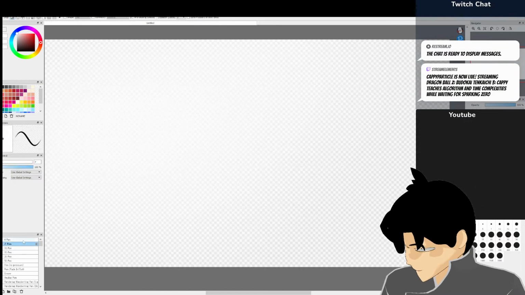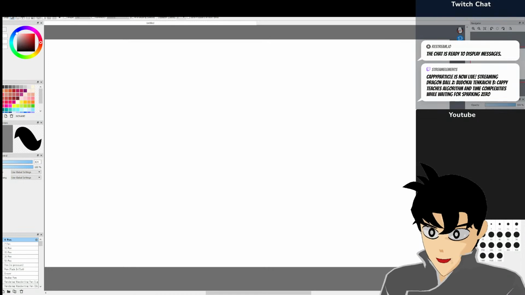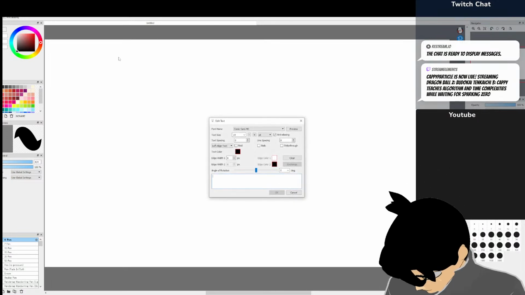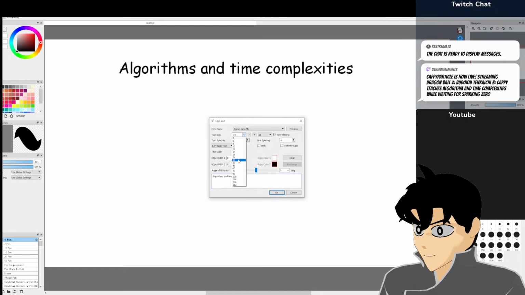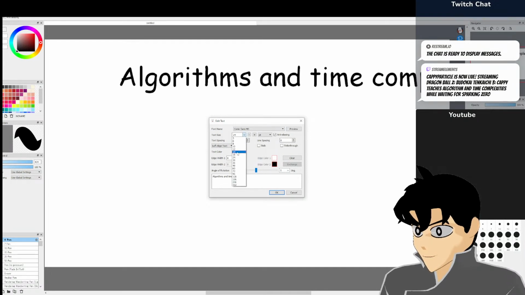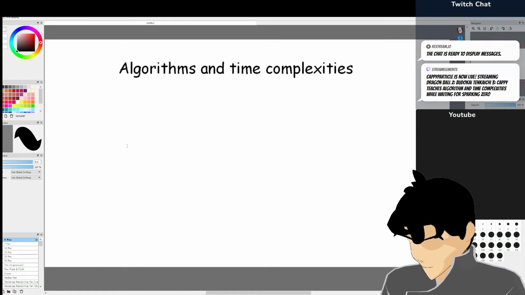Let me just make a white canvas, so we can just change the layers. Algorithm time complexities. Let's do it to 30. Okay, 30's too big. 24. Nope. 14. That's fine.